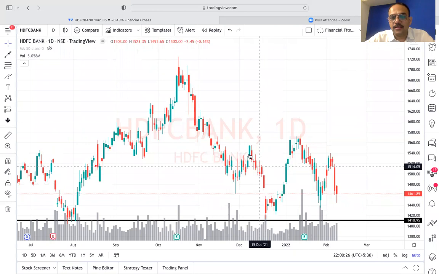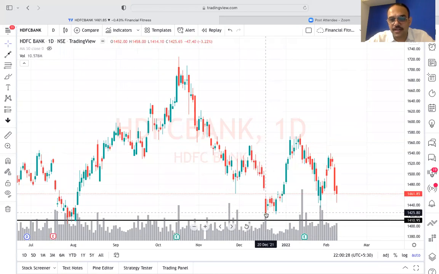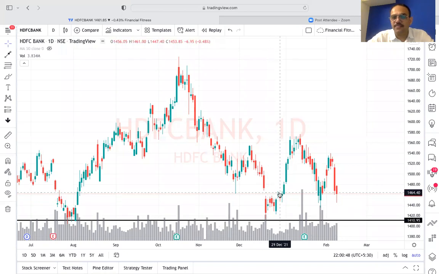Correct. When it is coming down, this red candle with high volume near support is also a fantastic indication that the downtrend is ending. Sellers have dumped all their material, whatever they had. This red candle with high volume plus support, and if it is a reversal pattern, has a high probability of going up.